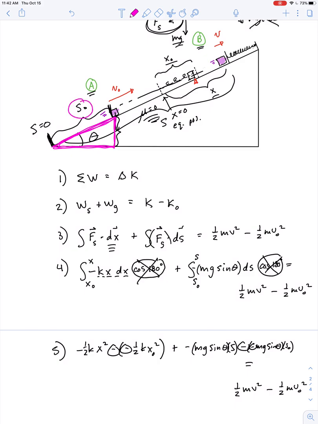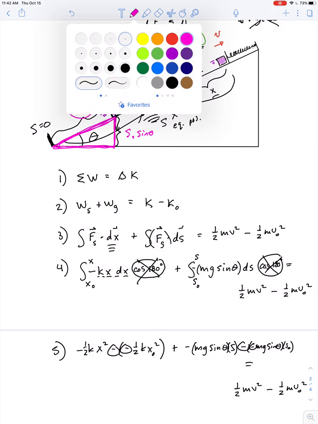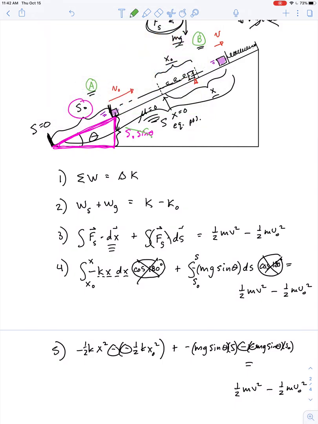If S naught is the hypotenuse of that right triangle, then S naught times sine theta is the opposite side in that right triangle, which we would probably refer to simply as H naught, right? If the bottom of the incline is H equals 0, then we can call this H naught.